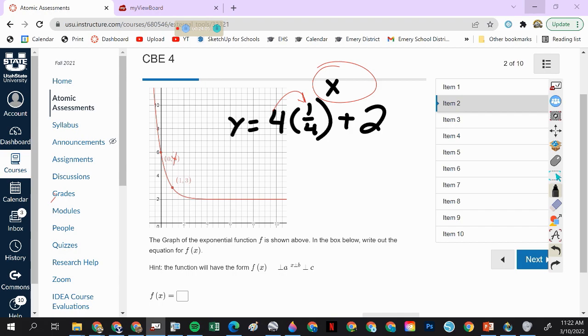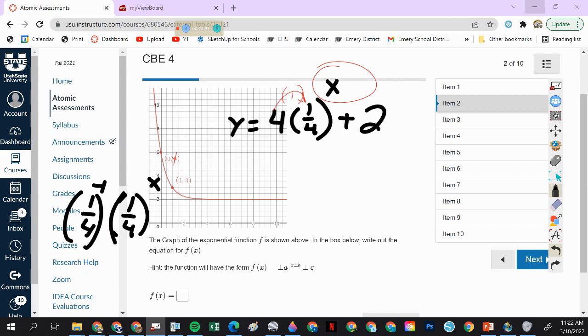So if I put a 4 in the equation, what is that going to do? Well, what's the exponent right here? It's a 1. So what is 4 to the first times 1/4 to the x? Well, I need to turn this into a 1/4. So 1/4 to the negative 1.